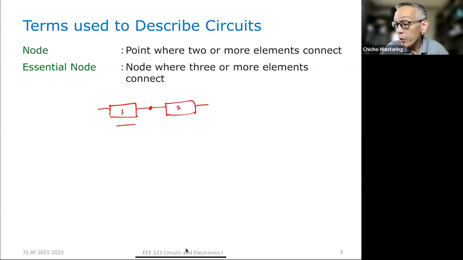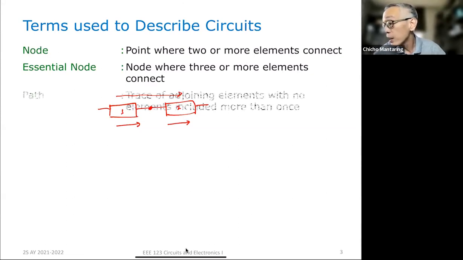The current flowing into the node will be equal to the current flowing out of the node, and therefore there's really only one current flowing through both elements. So in this particular case, you don't have two unknown currents. You only have one unknown current if that current is not known at all. That's why we differentiate an ordinary node from an essential node.